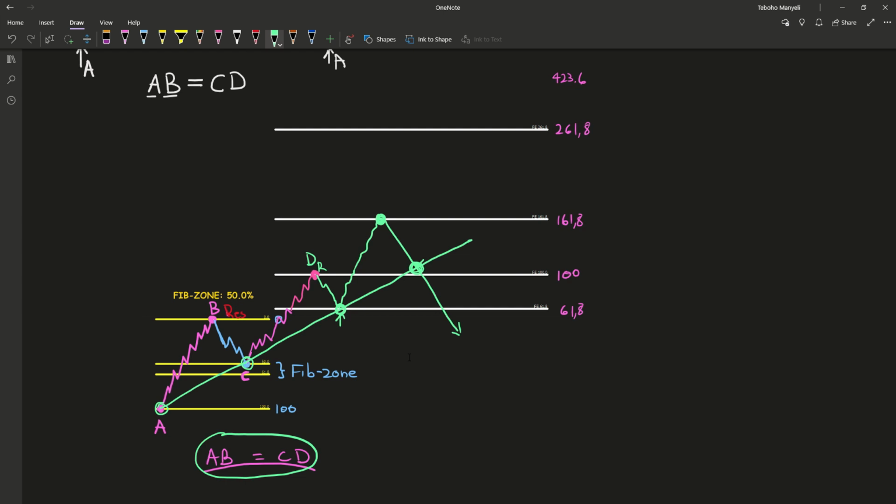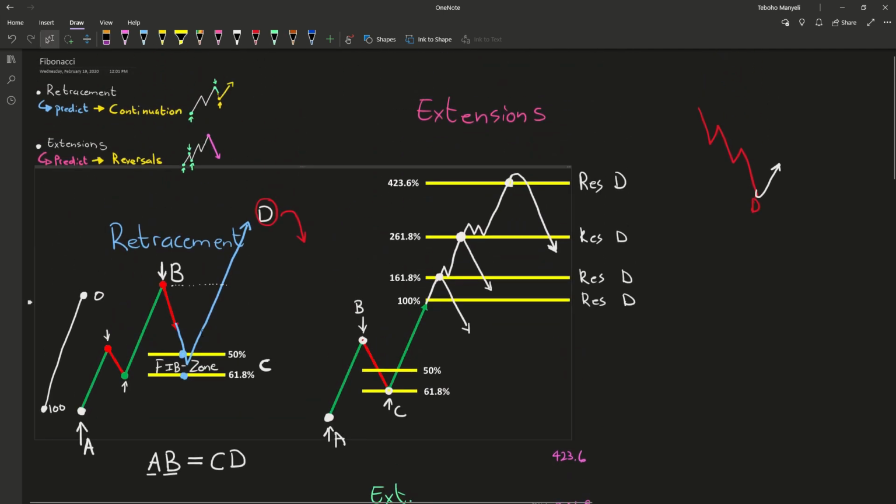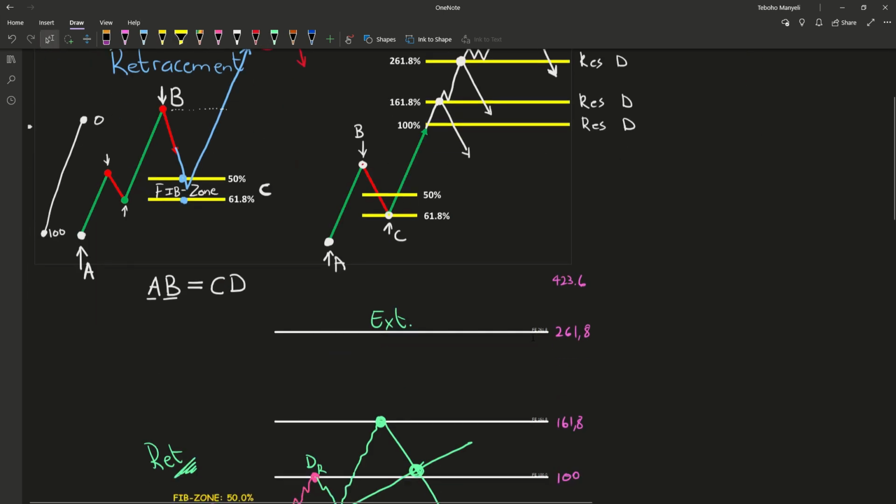You can actually see how the retracement tool and the expansion or extension tool come together. So we use the retracement to find continuation of the market, and we use the extension to figure out where the market might start turning from.